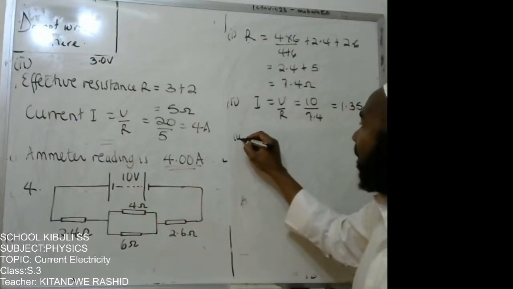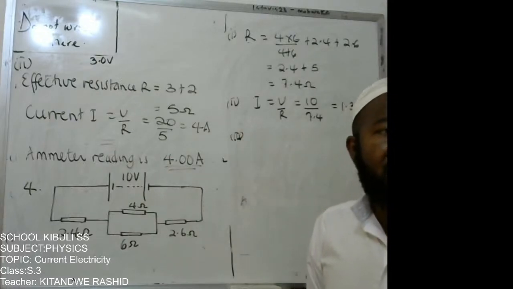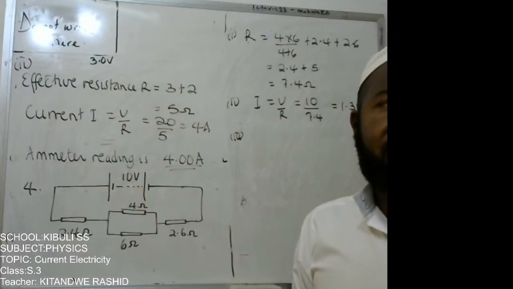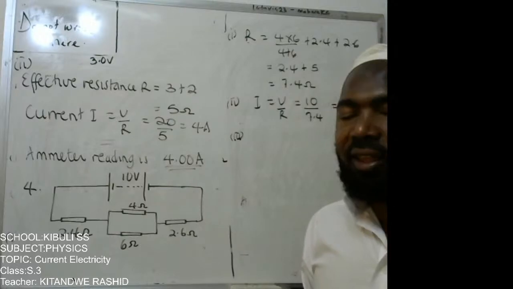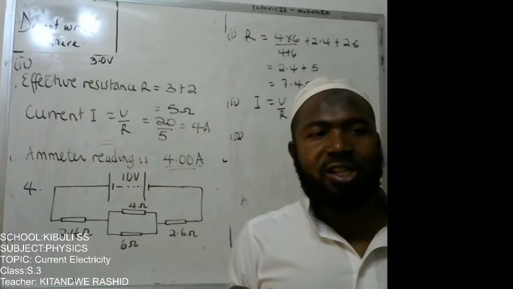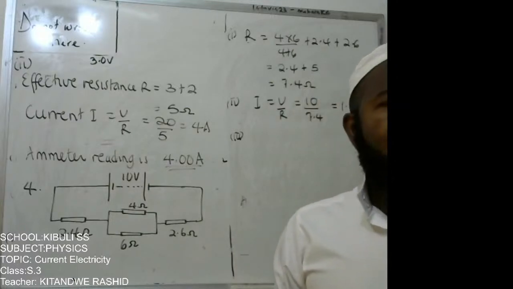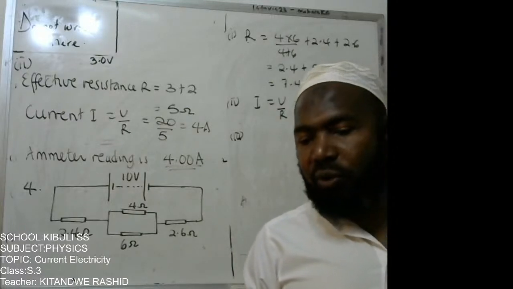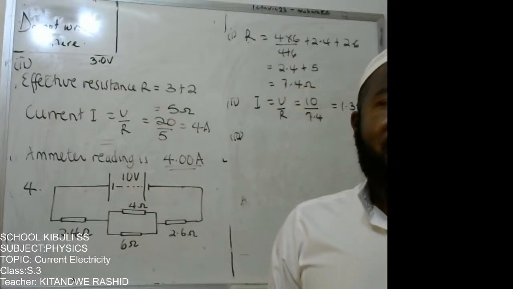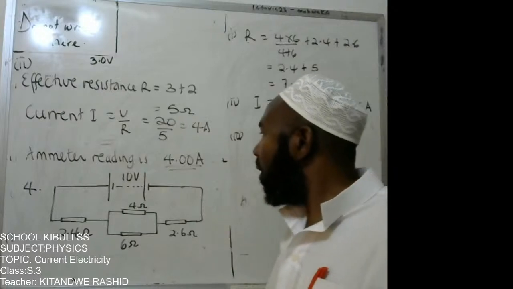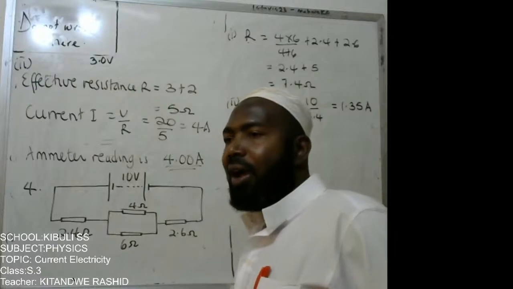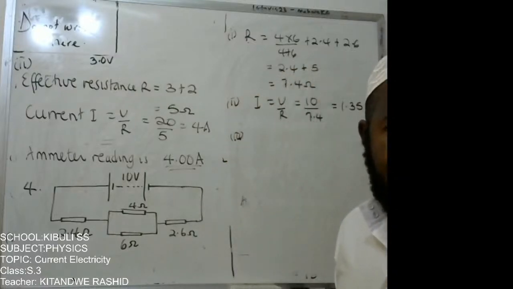Then Roman 3, PD across the resistor in the parallel setting. And this is where you need to pay a lot of attention, because it is unique from the rest of the things that we have been doing. PD across the parallel setting. You are going to realize that we can have two approaches to this part.